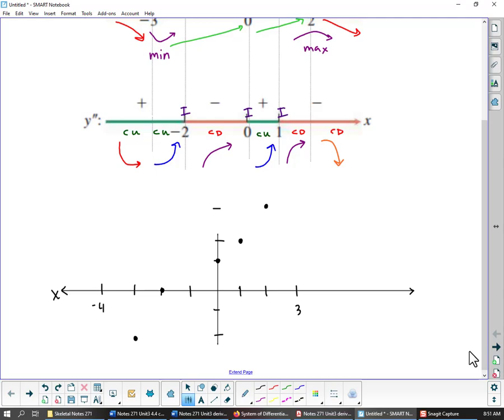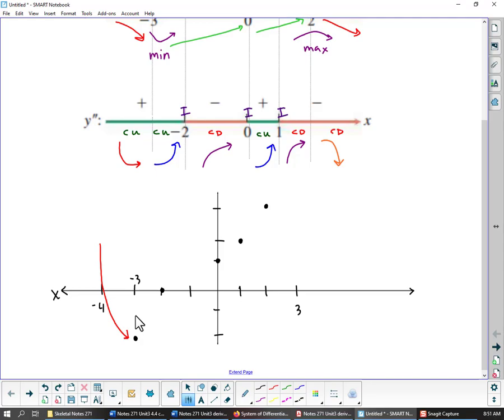Okay, so these points that I've plotted, these are all going to represent points on the graph. Now, all we have to do is think about what the graph is doing. So as I approach -3 from the left side, the graph is concave up, decreasing. So we're going to see this sort of curve. We don't know what the 0 is.